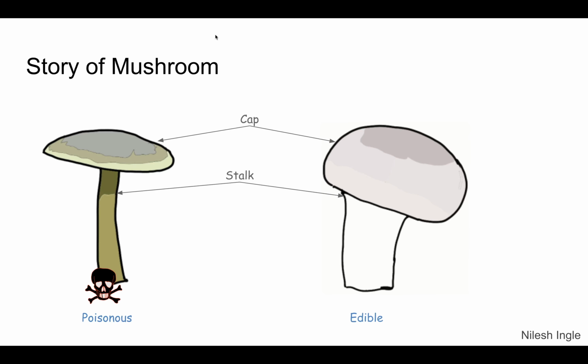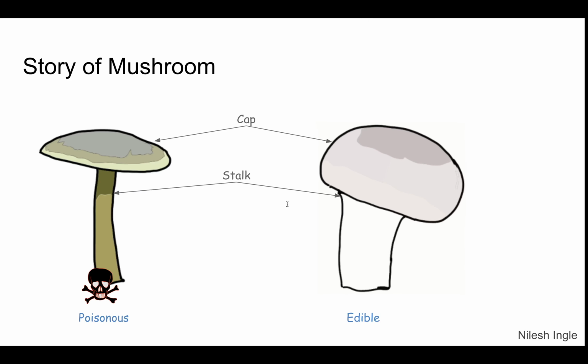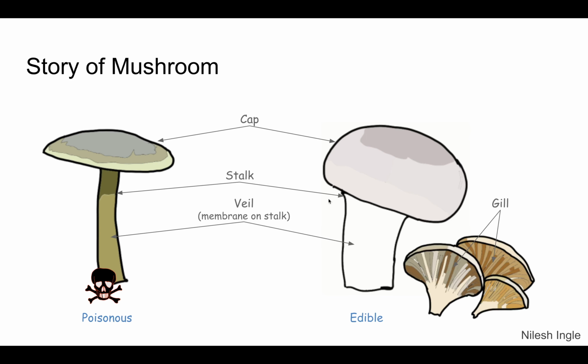And then second is stalk. Again, for the stalk, there are different shapes, different roots, different types of surfaces. Each of them has different sub features associated with that particular feature, and so on. Then there is a veil, which, if I understand correctly, is the membrane on the stalk of a mushroom. And there are gills.